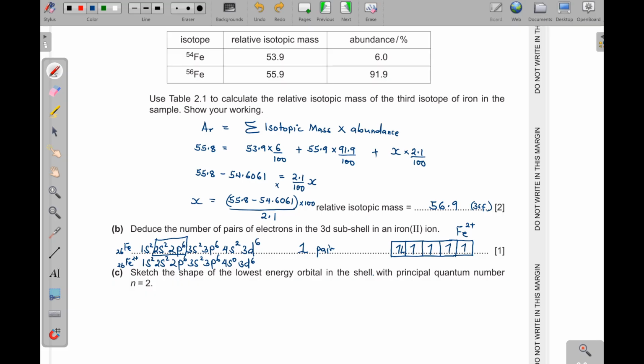Here, for quantum number 2, the lowest energy orbital is the s orbital, and the s orbital is spherical. So we shall draw this one spherical. If it were p, then we would draw lobes. So that is that.